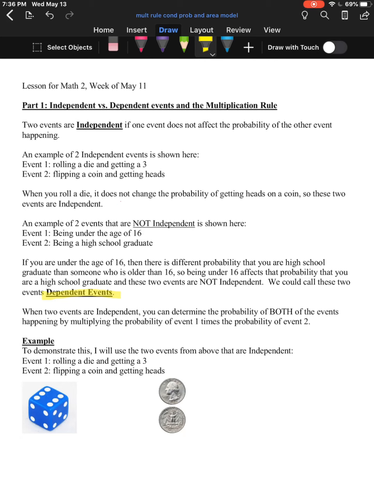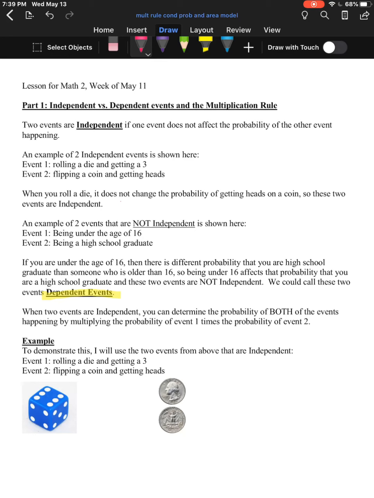So if you happen to be under the age of 16, chances are you are also not a high school graduate. So those two events would be considered to be dependent on one another, so we can say they are not independent.